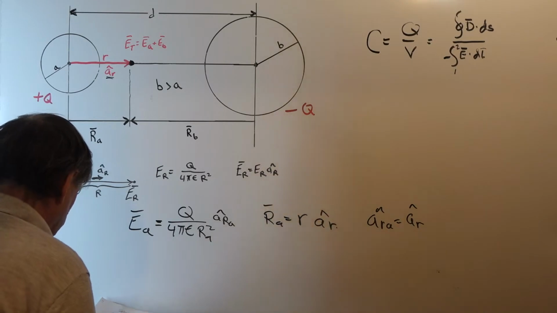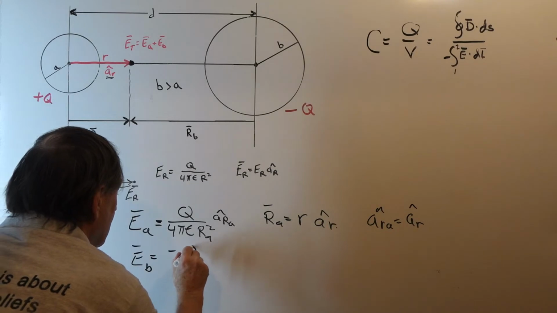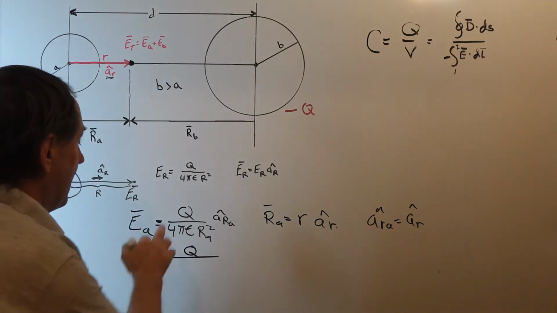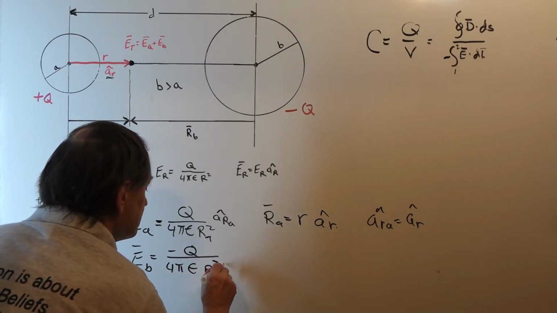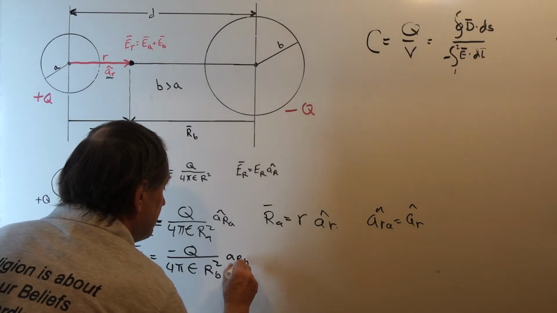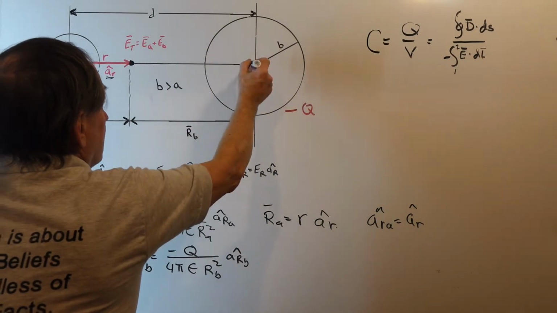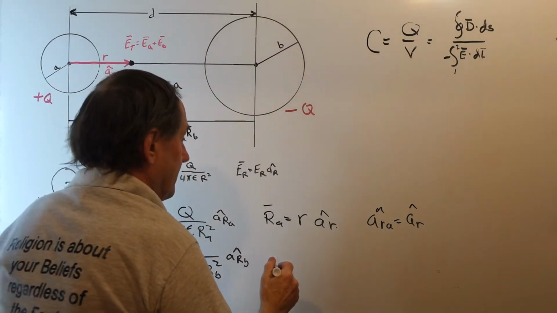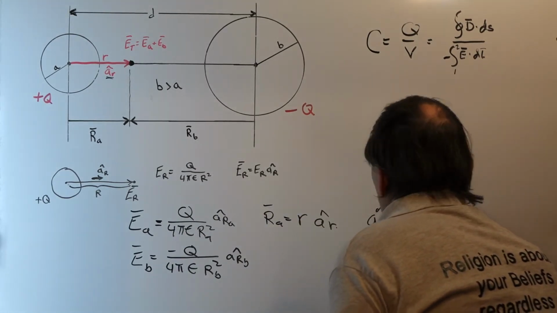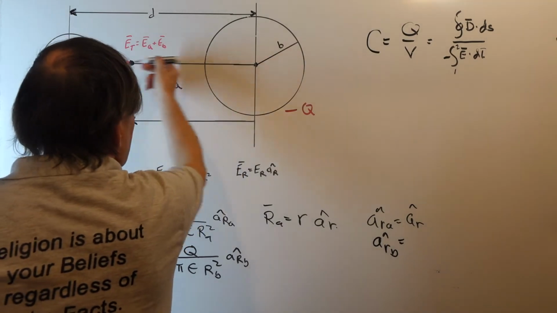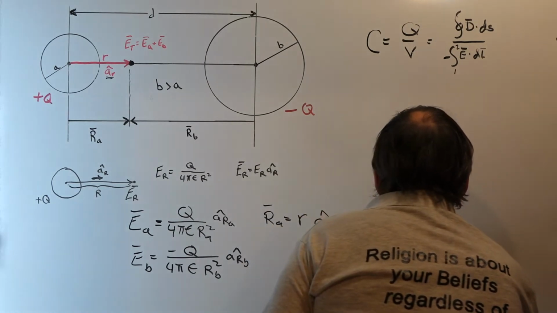Now, the electric field due to sphere B has a minus q on it, so it will be minus Q over 4 pi epsilon r sub b squared in the a r sub b direction. The a r sub b direction is this direction, opposite to a sub r, so I write it as minus a sub r.